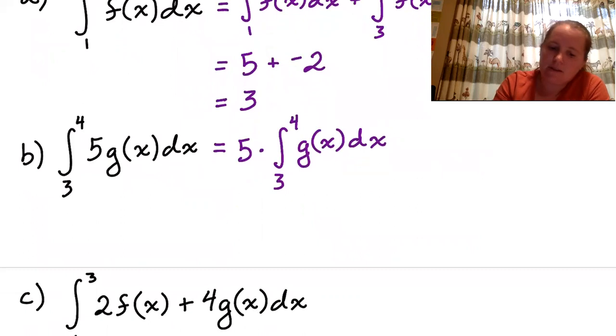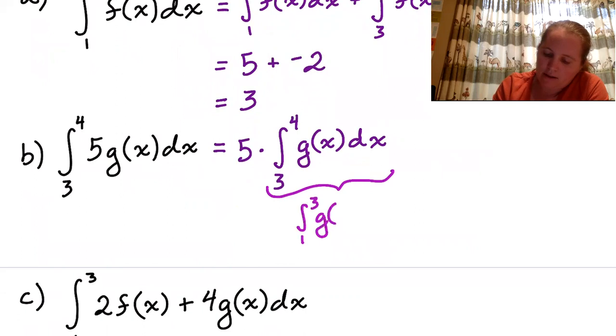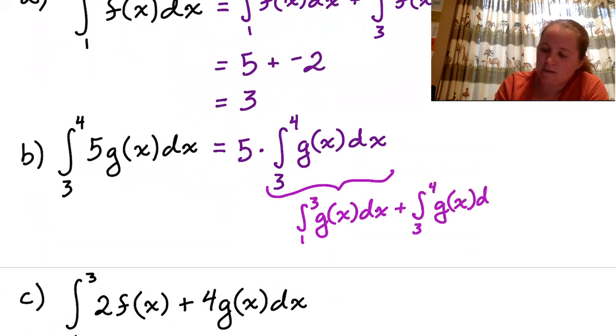And then for the definite integral of g of x dx, we're going to use the fact that the definite integral from 1 to 3 of g of x dx plus the definite integral from 3 to 4 of g of x dx is equal to the definite integral from 1 to 4 of g of x dx.